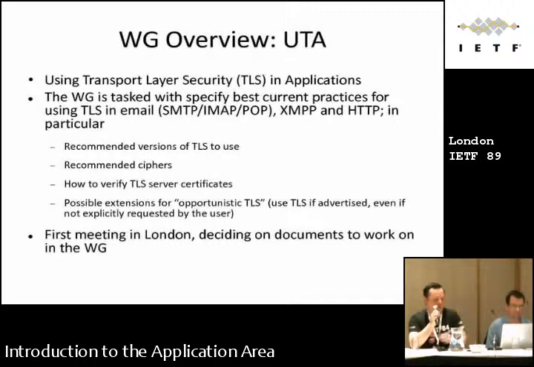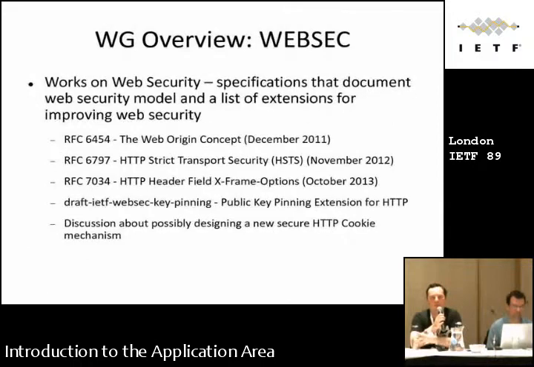was tasked to work on web security, basically a set of specifications describing the exact web security model as well as improvements. Documents published earlier included a definition of the web origin concept, which is used for cross-site scripting and different operations.